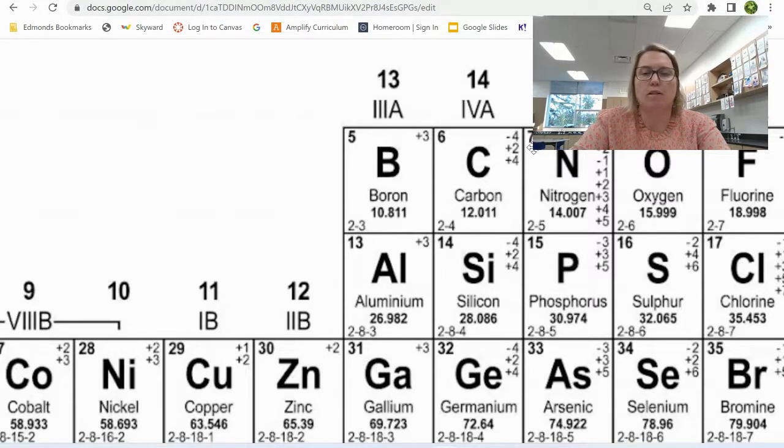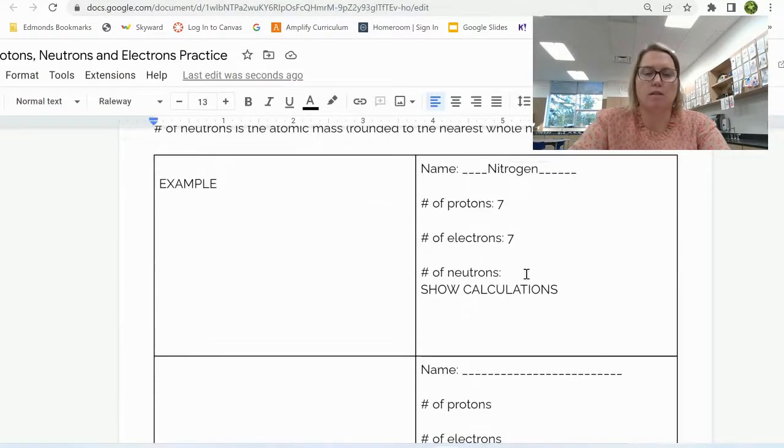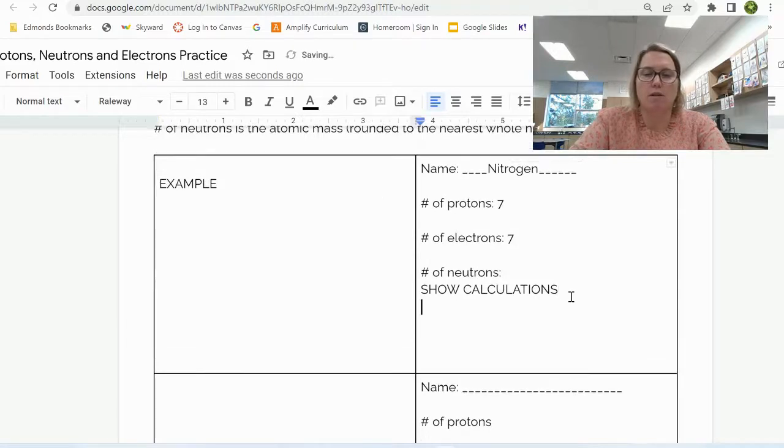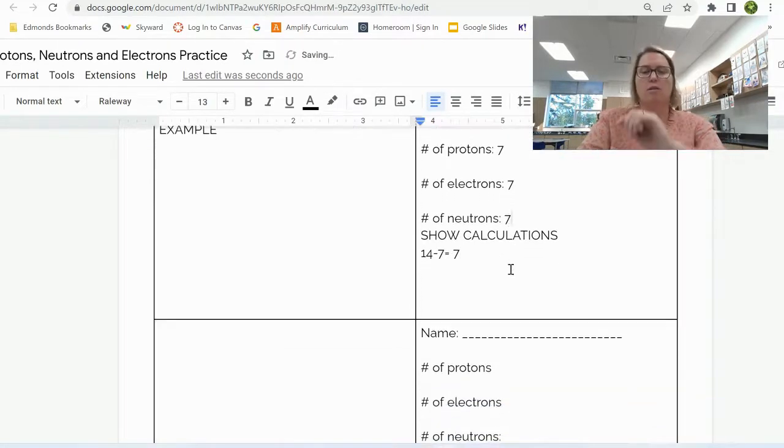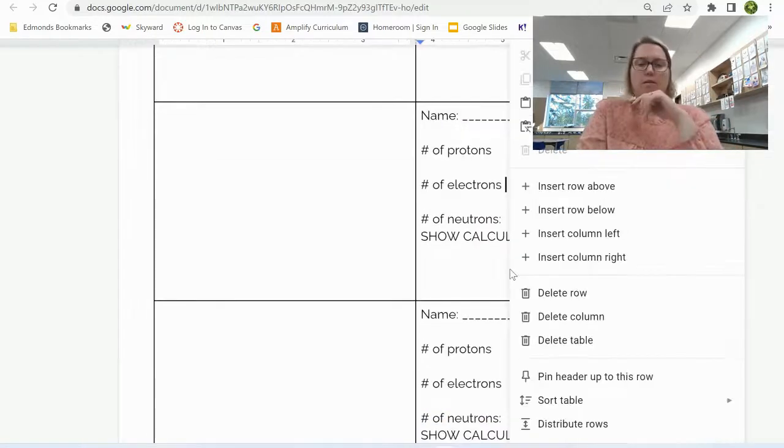Then I subtract the top number, the atomic number, or the number of protons, which is 7. So 14 minus 7 equals 7. It has 7 neutrons. All right, that was good.